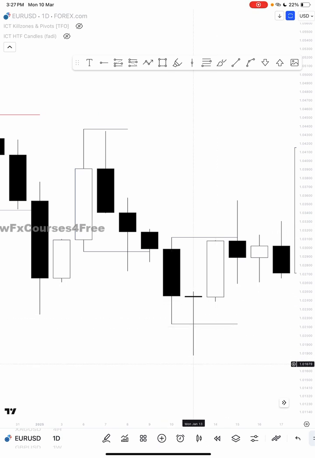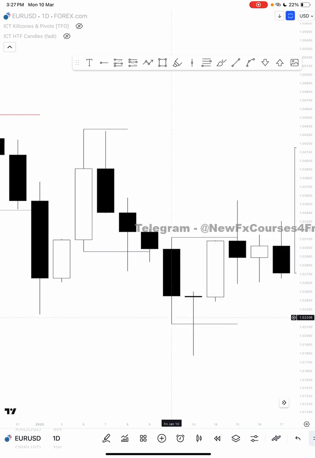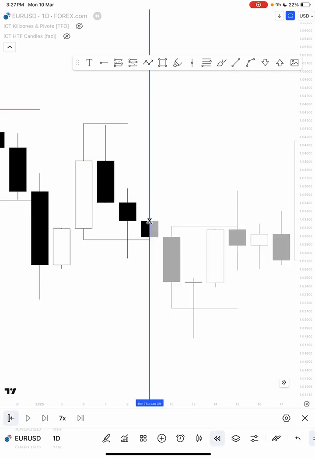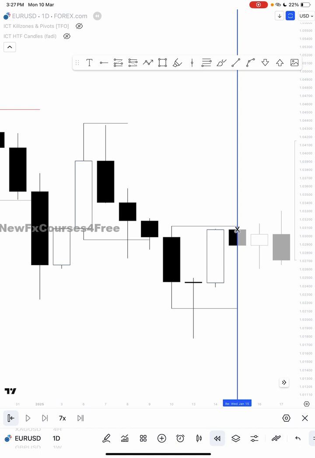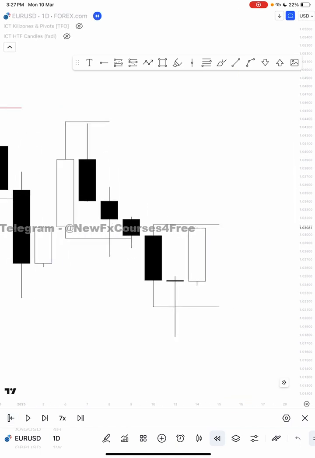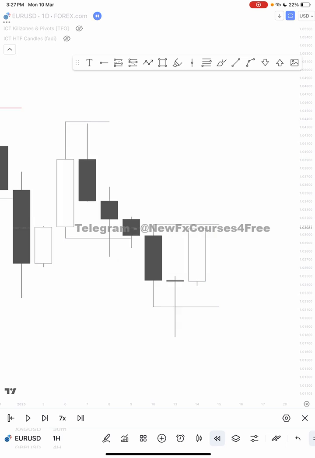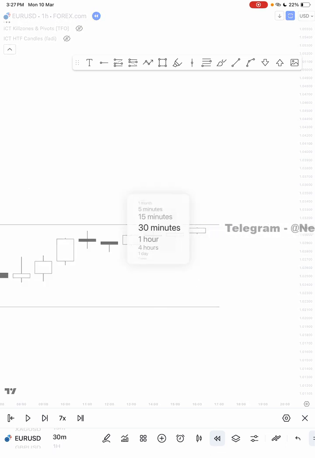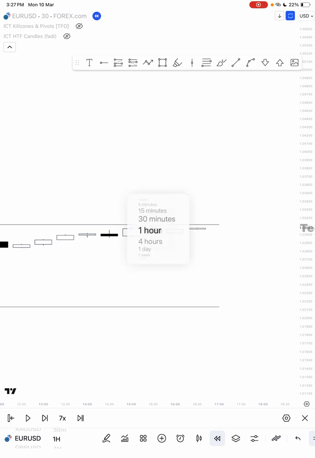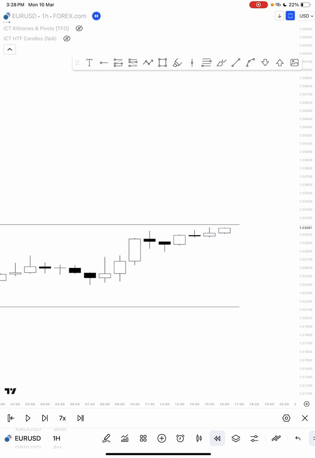It takes one side of the range with a long wick, closing back into the range, equals a big bullish expansion for the next day, which is Tuesday. So you can see why most of the time I focus mainly on Tuesdays and Thursdays. Tuesdays, Wednesdays, and Thursdays.